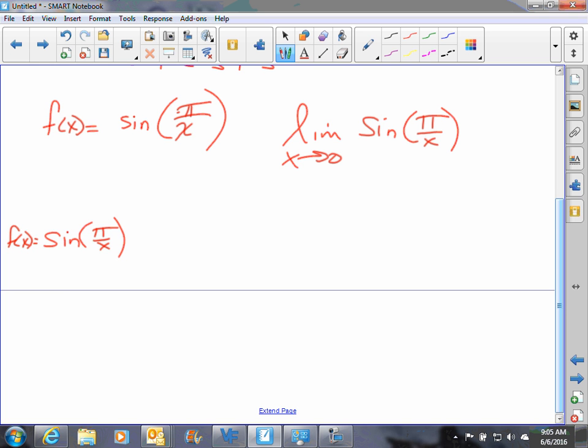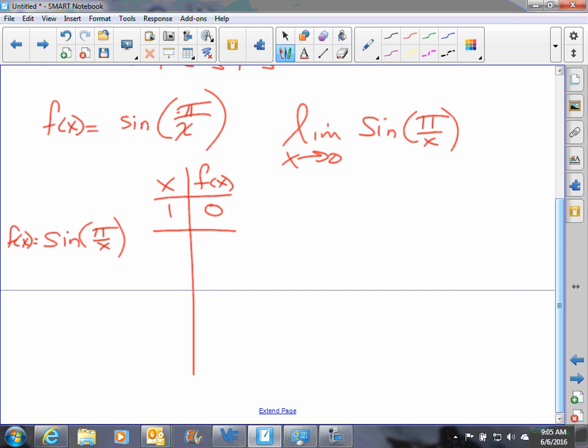We could do this with a table first. Let's start out with a few values. And what I'm going to do here is start with 1, and move towards 0. Now, if x is 1, then f of 1 is the sine of pi. Now, the sine of pi is 0.